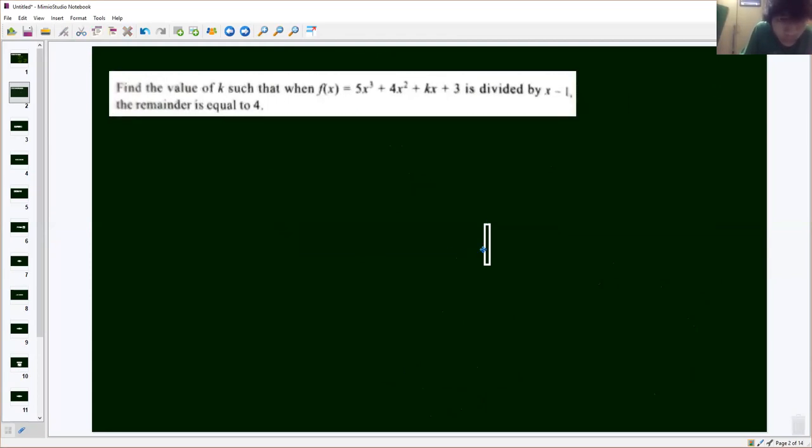That is x minus 1, I think. So find the value of k so that when the function is divided by x minus 1, the remainder is 4. This is a pretty easy one.